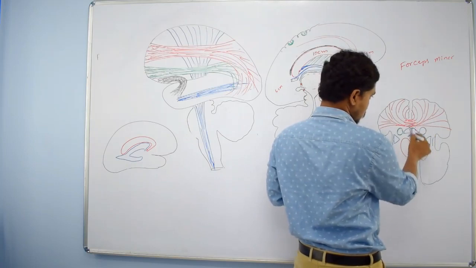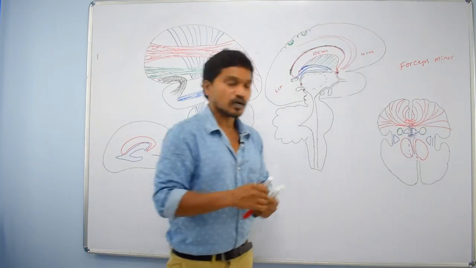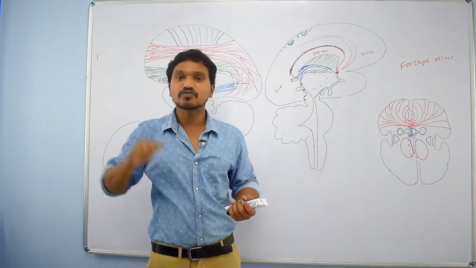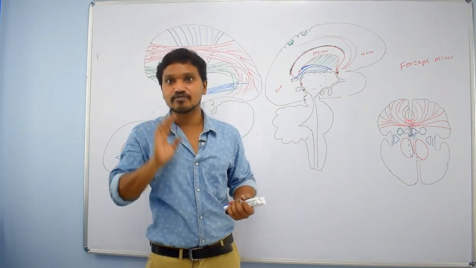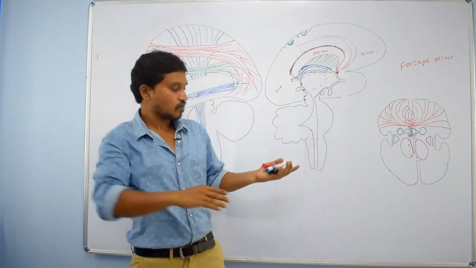Just imagine this is the body, right? Fibers passing through the body, these fibers we call truncal fibers. Trunk means what? Body. They are passing through the body.